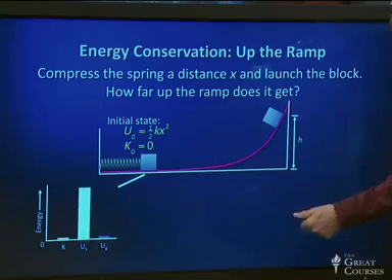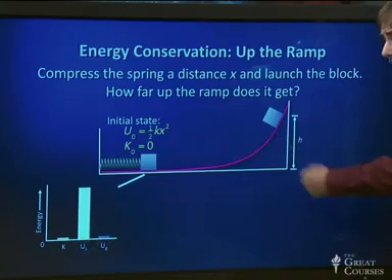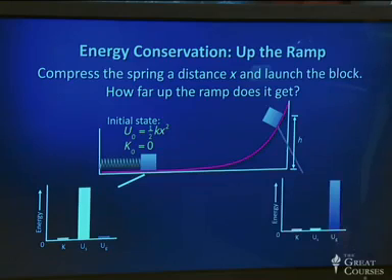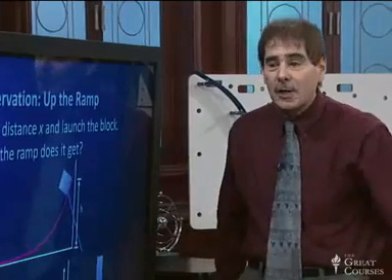We start out with no gravitational energy because I defined U equals 0 at the bottom. All the energy is in the spring. At the end, same graph, no kinetic energy again, no spring energy because the spring is no longer stretched, and it's all gravitational potential energy. Same amount, block is the same height as it was at the beginning. That's the way we solved the problem.